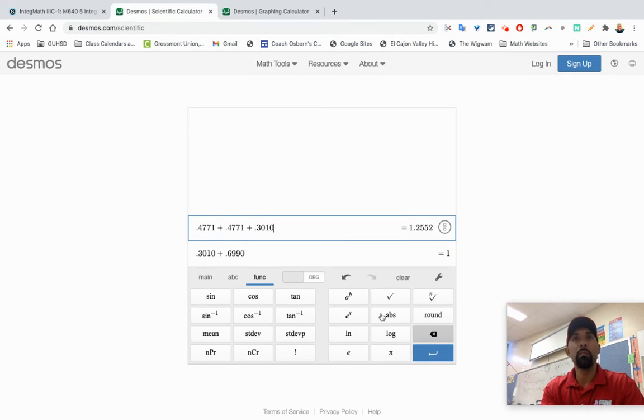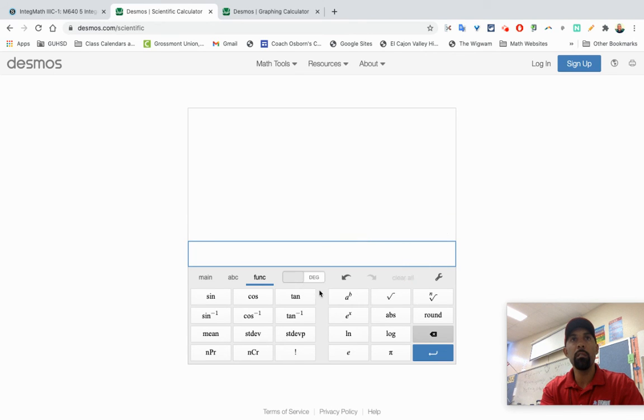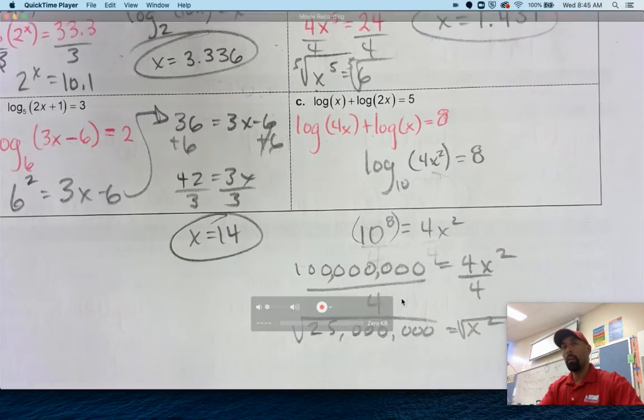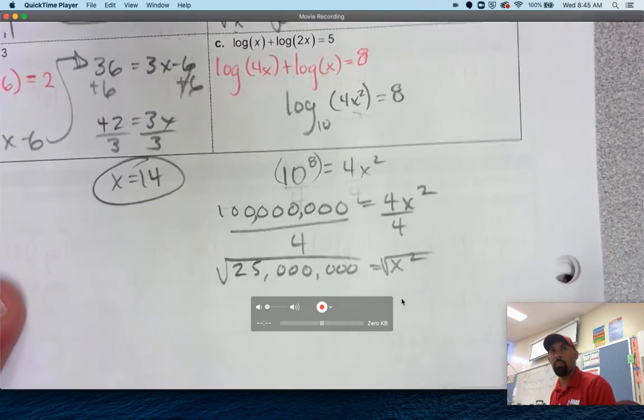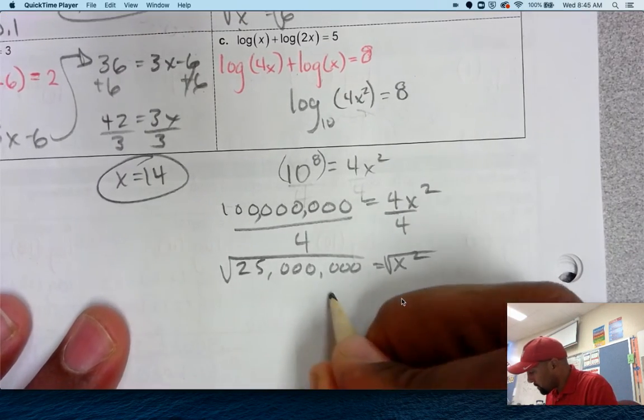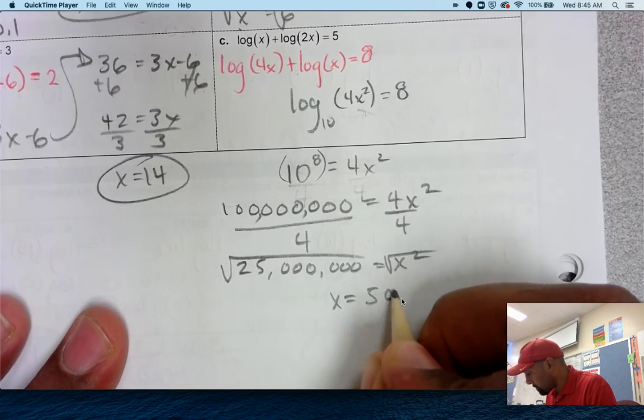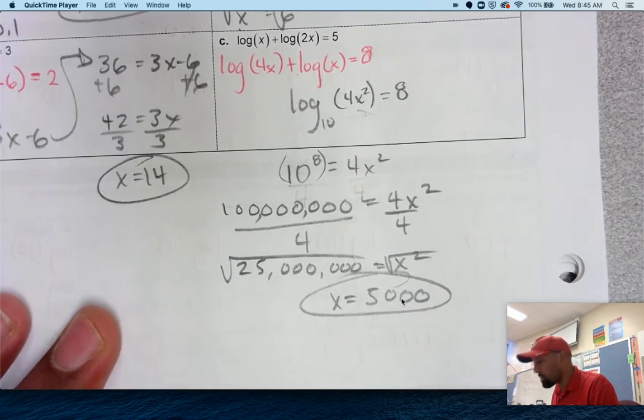I'm going to use this one just because it's clear. Square root of 25. Make sure you got the right amount of zeros. And it has 6 zeros, and so it's 5,000. Pretty simple, right? It's almost like the square root of 25, just with a lot of zeros. So x equals 5,000.